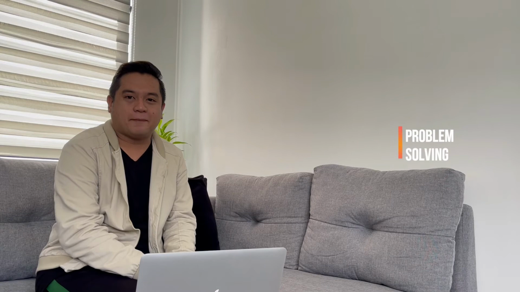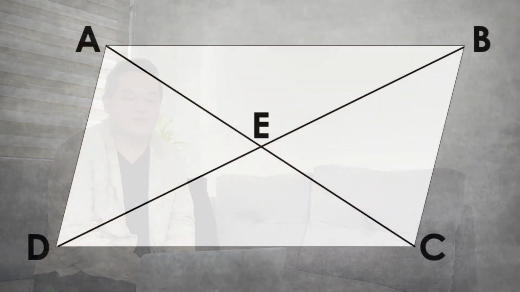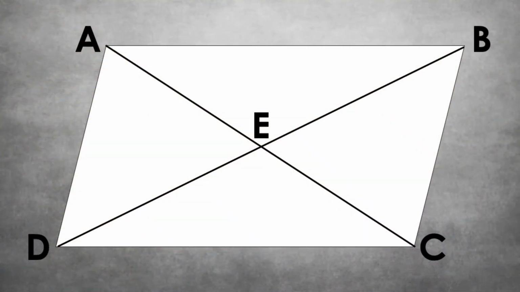Now let us try to solve problems involving properties of parallelograms. Given this parallelogram ABCD, consider each given information and answer the questions that follow.